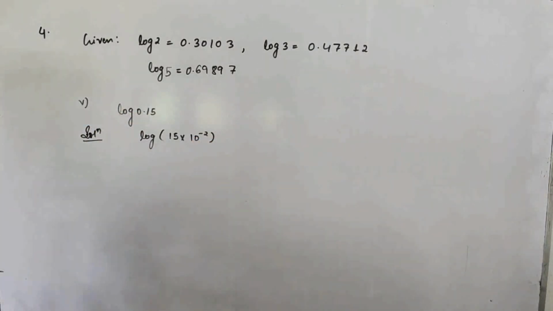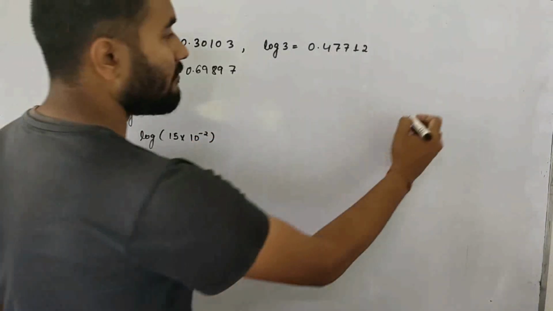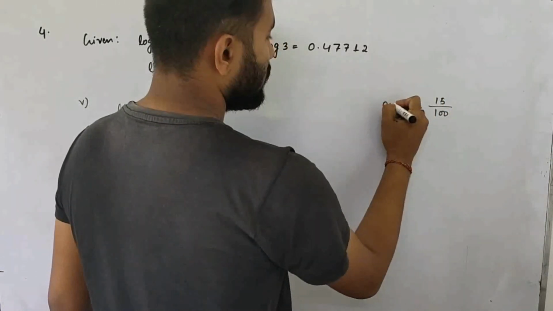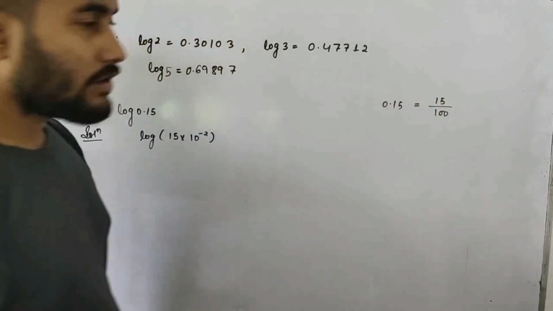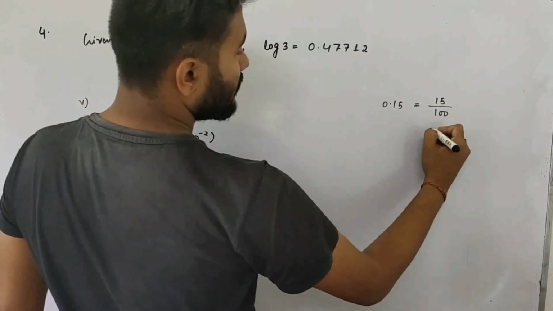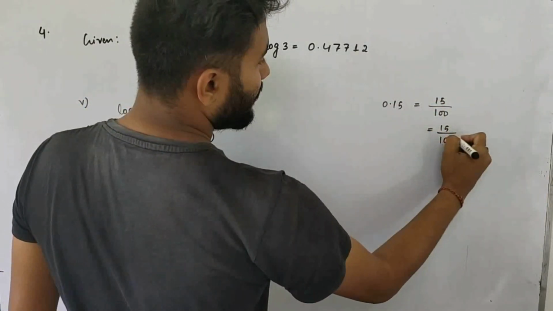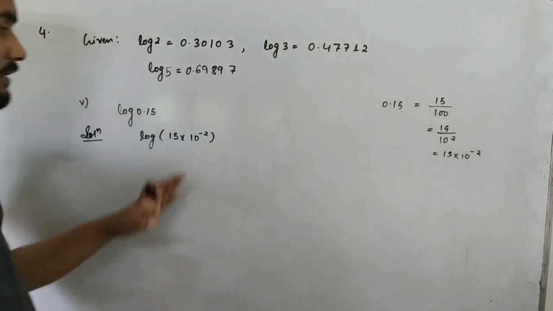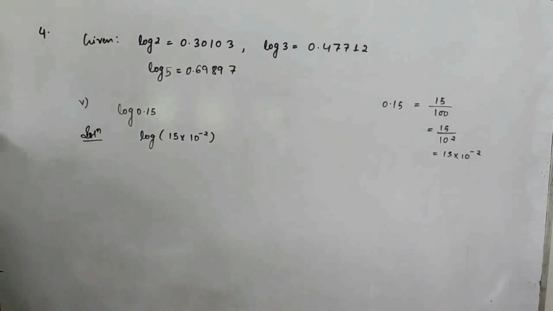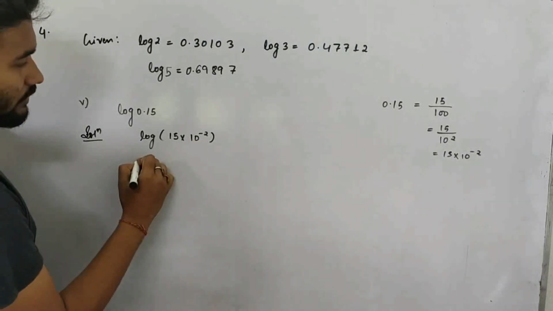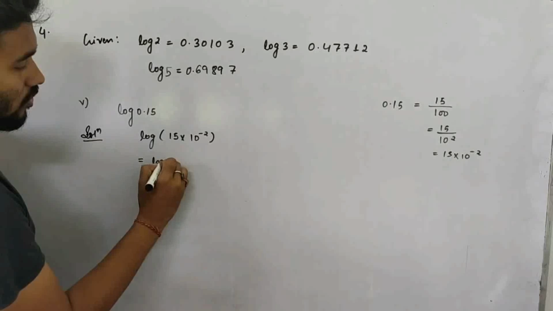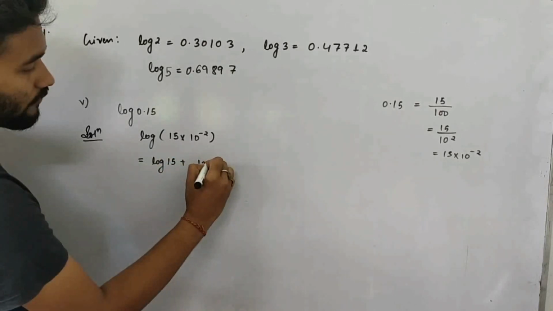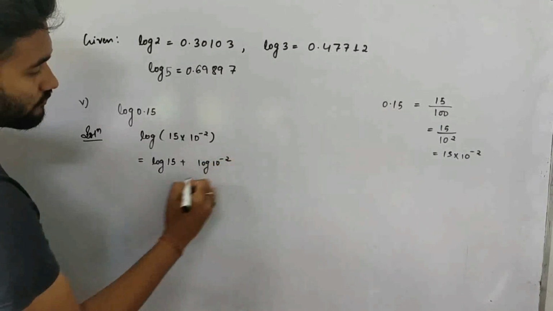This is 15 by 100, or not? 0.15 is 15 by 100, which means 15 by 10 square, which means 15 into 10 to the power minus 2. I have written it directly. So this is equal to log of 15 plus log of 10 to the power minus 2.